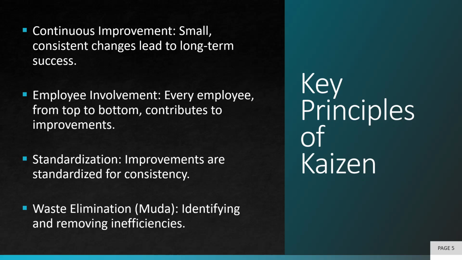Then the employee involvement, because when employees are involved in each initiative from top to bottom, then only we can bring some changes, right? And standardization: when we are going towards standardization, we can streamline our processes, we can improve our operations and services, and it really helps to improve our quality of service.